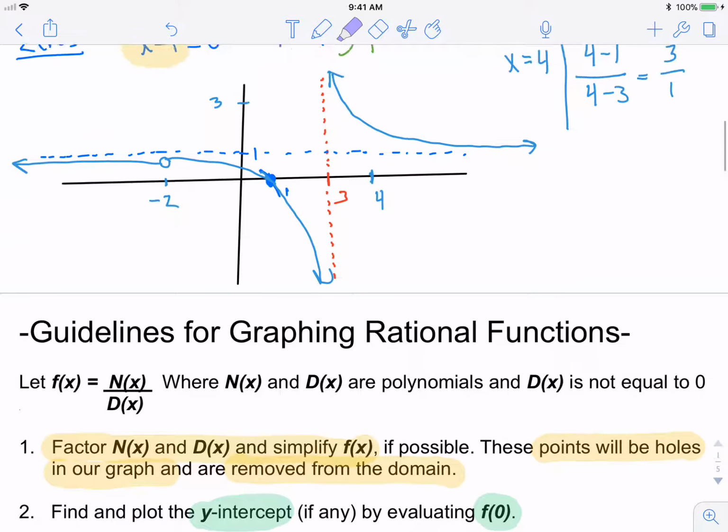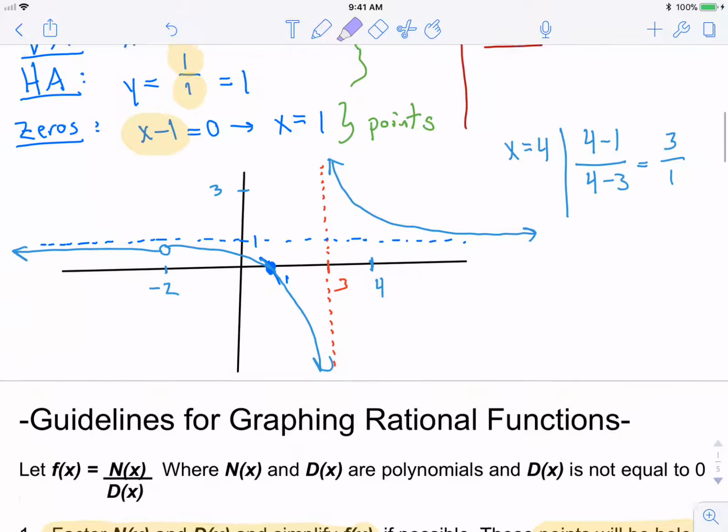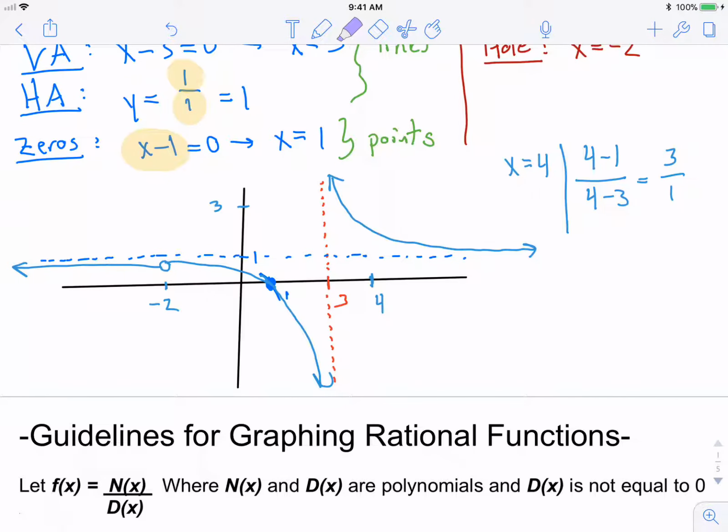If we look here, we knew that this function was going to hone in to our vertical asymptote right here. So we didn't need to really pick a point that was very close to 3. We could plug in 4 and just see, okay, am I above it or am I below it?